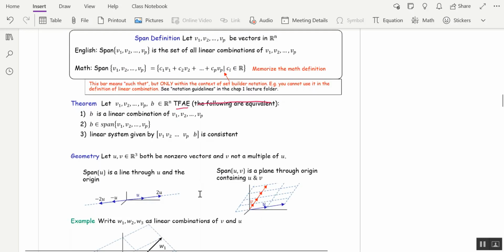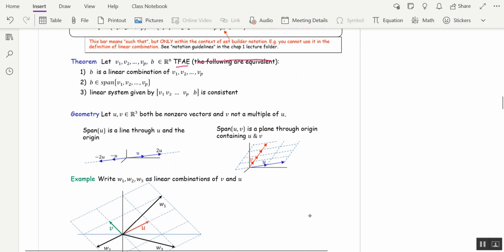So geometry of span. Suppose you have two vectors in R3. They're non-zero, and v is not a multiple of u. You can look at two sets. The span of u is going to be all the multiples of u, because it's the set of all cu such that c is a real number. That's just multiples of u.